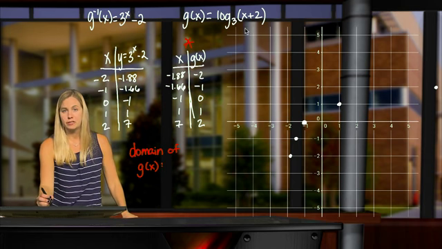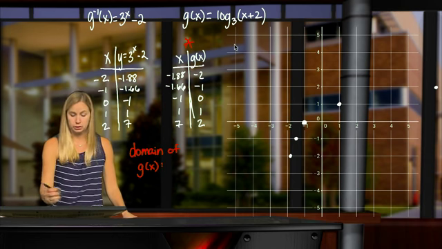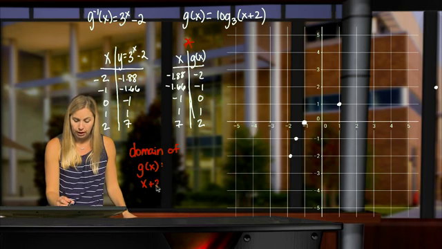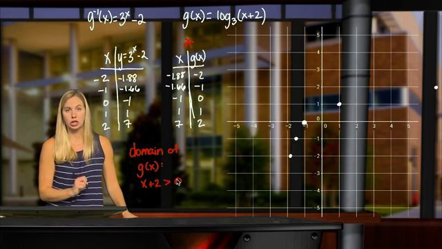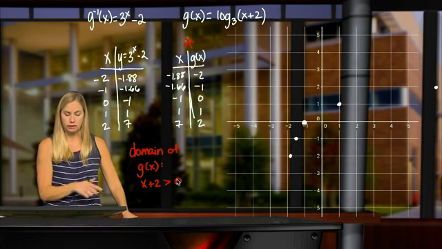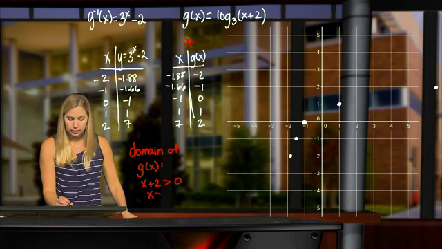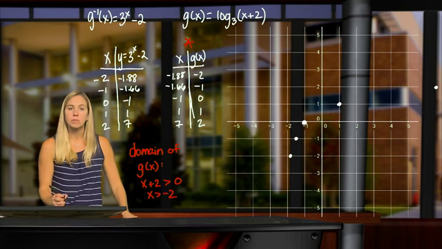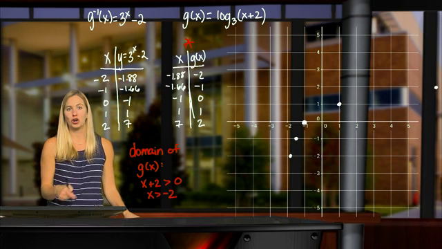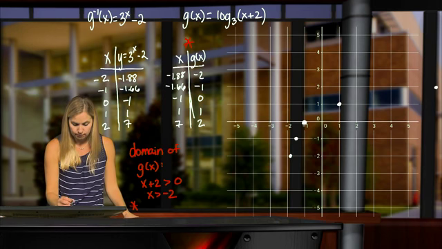The domain of g of x, which again is log base 3 of x plus 2, is going to be found by finding where x plus 2 is greater than 0, just like we did in those previous examples. So x must be greater than negative 2, which actually identifies where the vertical asymptote is.